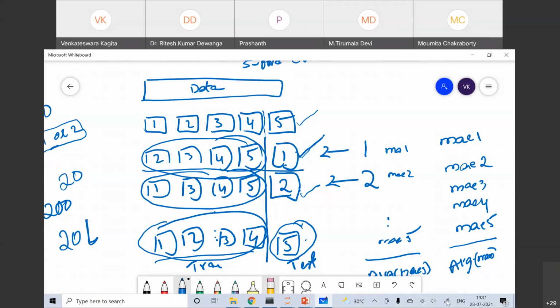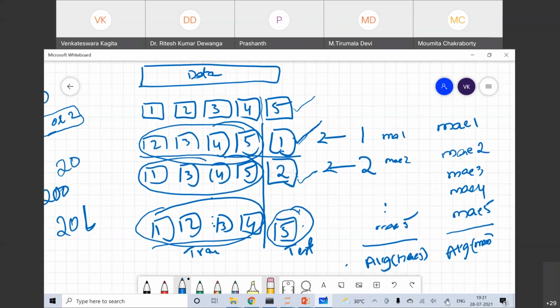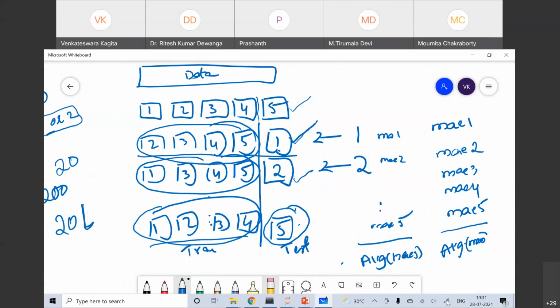So to avoid that, we do k-fold cross validation. We divide the data into k folds. Suppose I say 5 folds, I divide the whole data set into 5 folds, 1, 2, 3, 4, 5. The whole data is divided randomly into 5 different subsets. Each time, I take one of the folds as the testing data and the remaining folds as the training data.